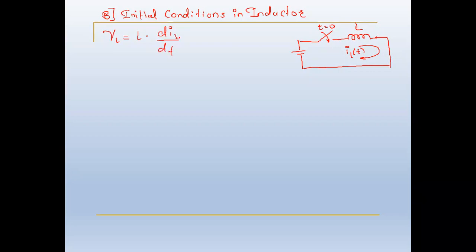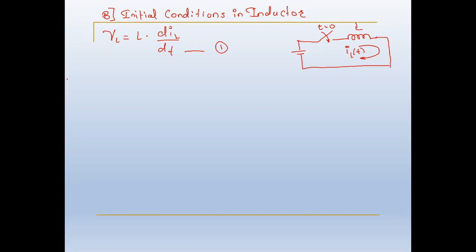But right now, as it is the inductor current, we'll call that one diL by dt. Okay, so let us call this equation number 1. Here L is the value of inductance, and diL by dt indicates the rate of change of inductor current with respect to time t.